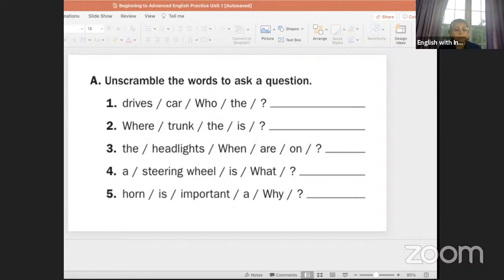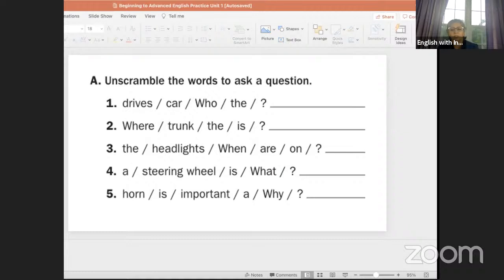If there is a be verb. So when are, okay, Raj Mohan, when are on the headlights. When are on the headlights.